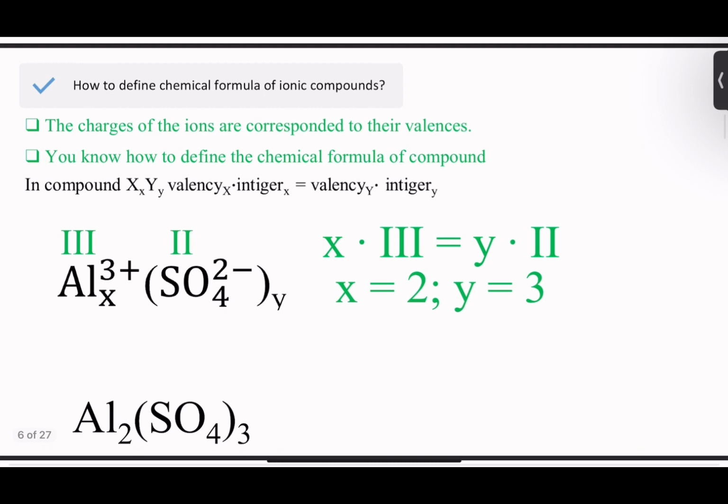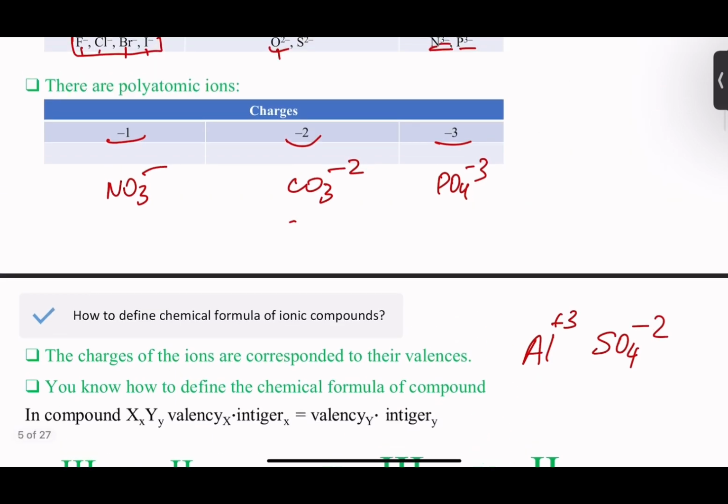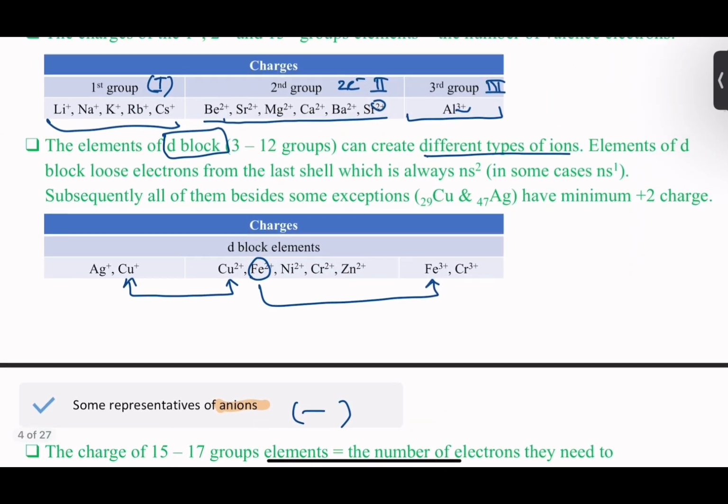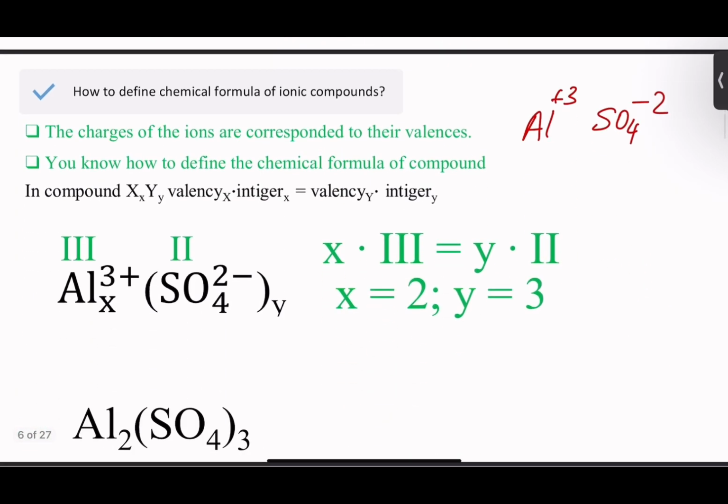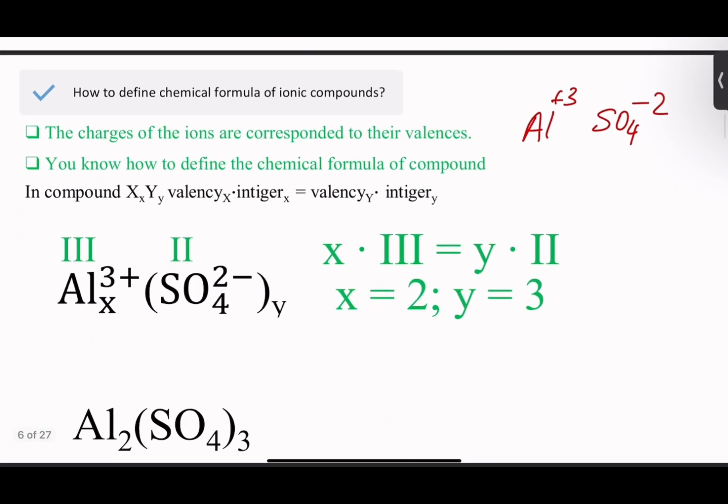Then this is the way we write it down. For example, we know that aluminum is +3 and sulfate is -2. So sulfur is also here, in sulfate, and aluminum, you see, is +3, right? And sulfate is -2. So the 2 from -2 comes to the bottom like this, and the 3 goes here, and then aluminum sulfate looks like this.